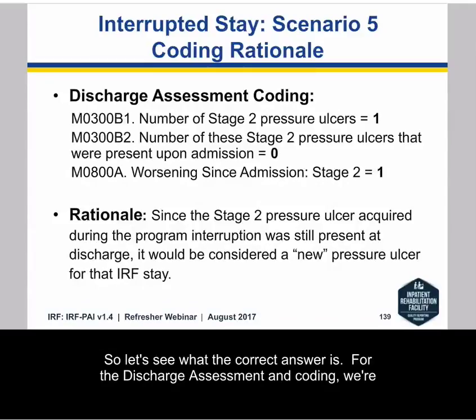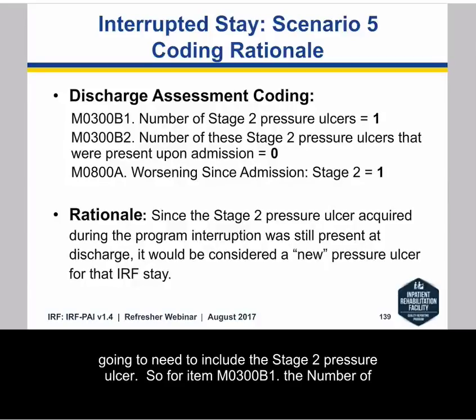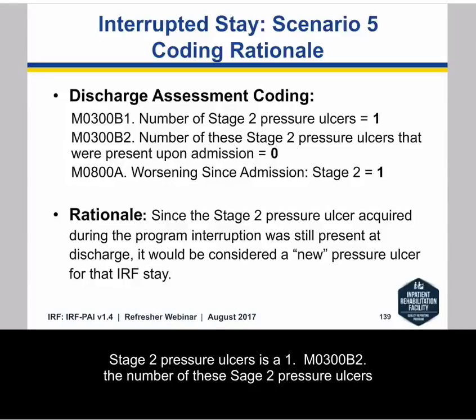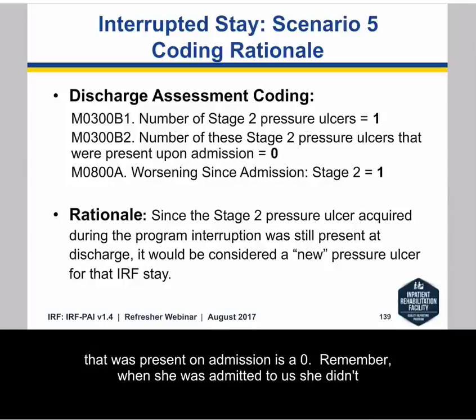For the discharge assessment coding, we're going to need to include the stage 2 pressure ulcer. So for item M0300B1, the number of stage 2 pressure ulcers is a 1. M0300B2, the number of these stage 2 pressure ulcers that was present on admission is a 0.